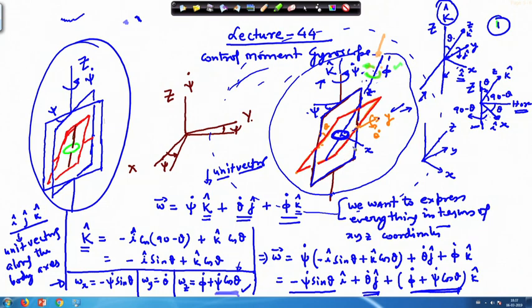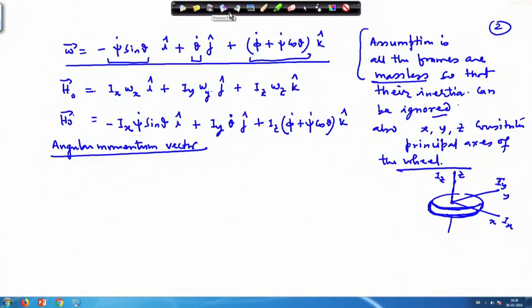Those things I will take separately, because I have to discuss them in detail. By actuating about one axis you can produce torque about the other axis, and there is a benefit of using the control moment gyroscope. There are certain disadvantages also. We are going to discuss all those things in the future.